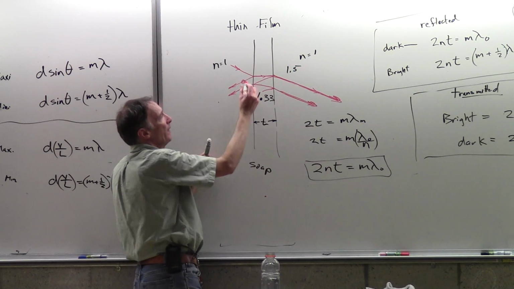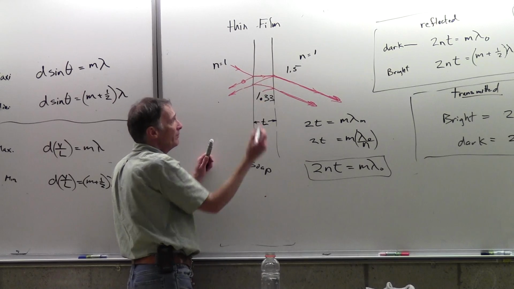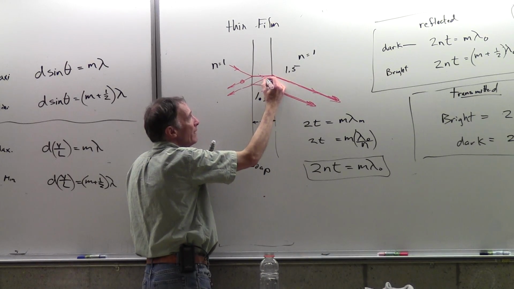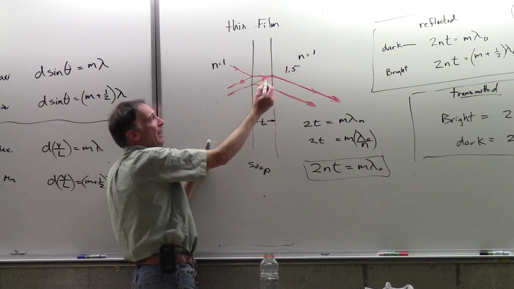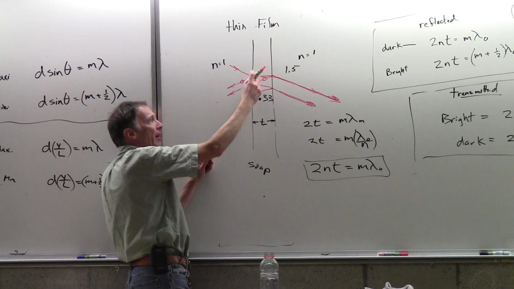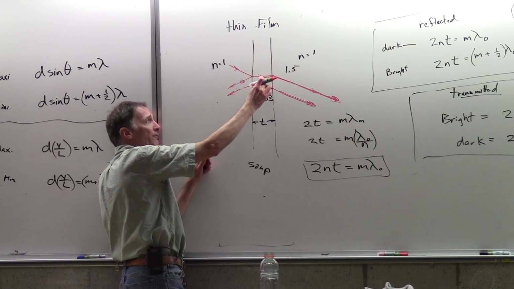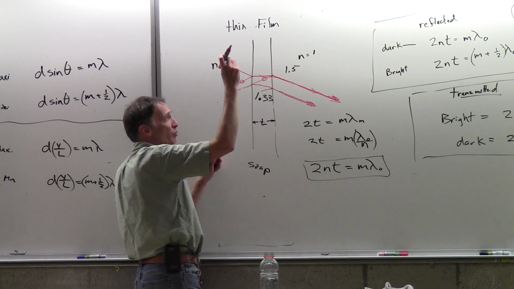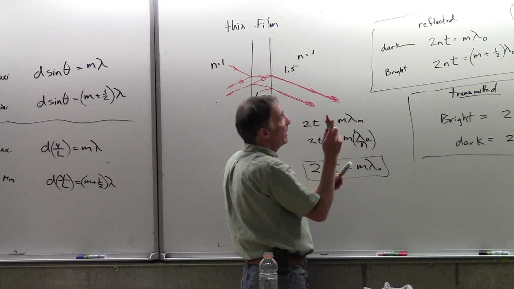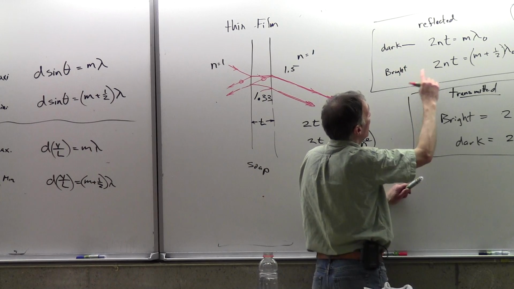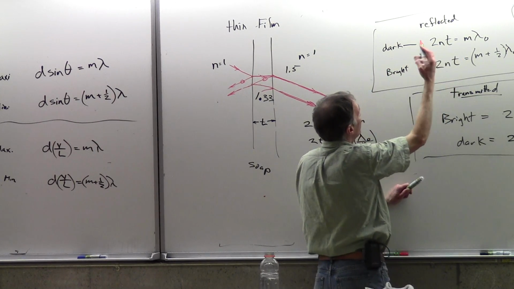Then there would be a phase change here, and also a phase change here. Now these rays coming out will have undergone this one a phase change, that one a phase change. The two phase changes would cancel. And in that case, we would end up with this being bright.